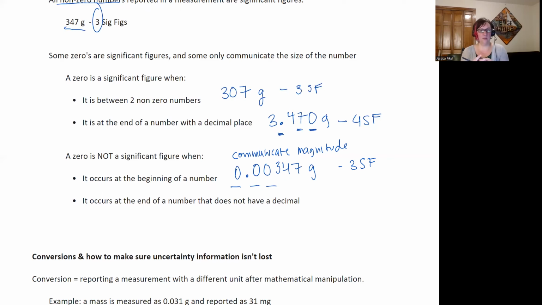So the opposite way that it can communicate magnitude is for very large numbers. So let's say we had something that was 347 and then several zeros following it. In this case, these zeros are also communicating magnitude. And so this will be 3 significant figures. And this can be really confusing because it turns out then that the decimal place just makes all the difference in the world.